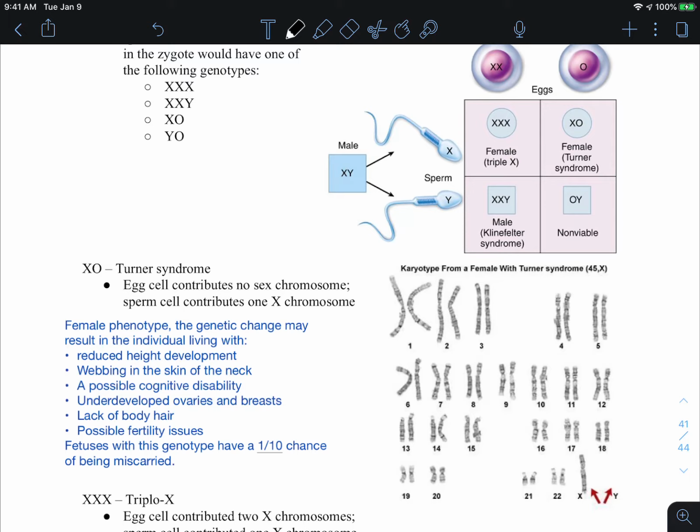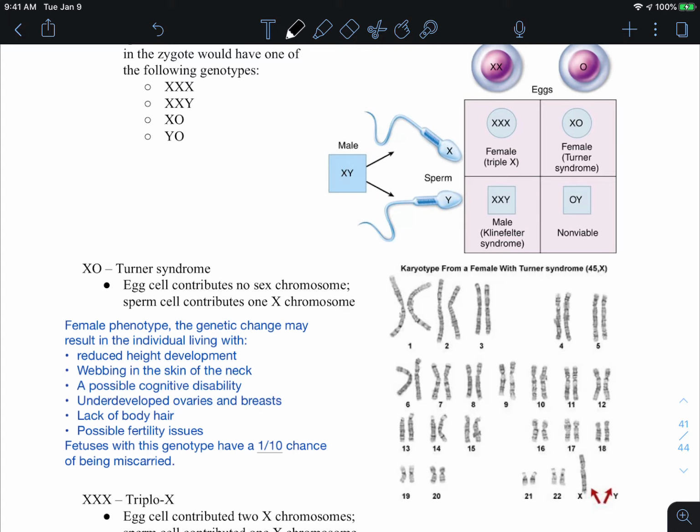So the genetics will develop the phenotype of female genitalia and things like that. But those individuals may end up living with reduced height development. They might have what is known as webbing in the skin of the neck.